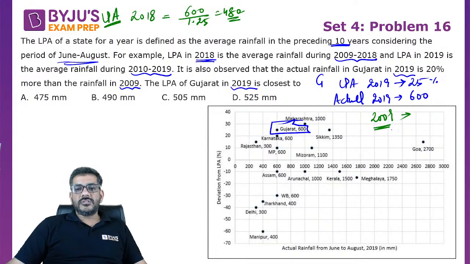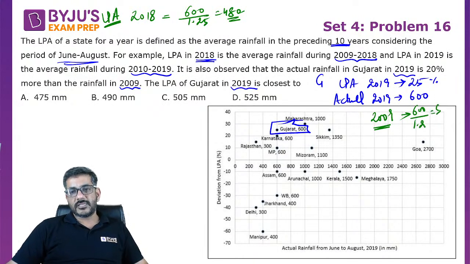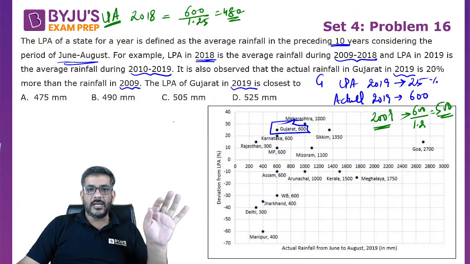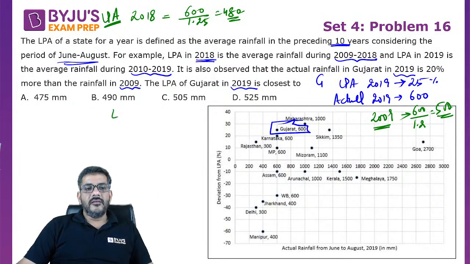हाँ जी. 2009 की अगर मैं बात कर रहा हूं तो रेनफॉल वो कह रहा है इट वाज हाउ मच 20% मोर है ये 2019 में. सो इट विल बी 600 डिवाइडेड बाय 1.2 which is equal to 500. So what all do we have till now, and what is the question asking you? We have LPA of 2018, वो आया हमारा 480 mm.